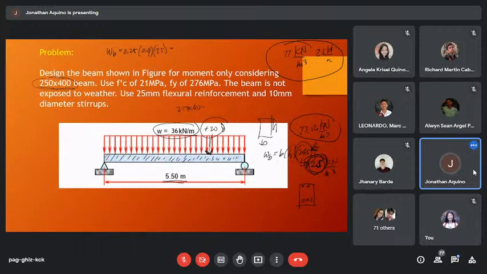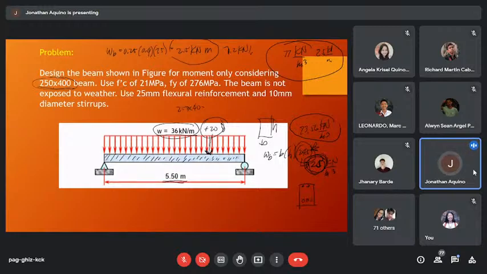This will give a value of 2.5 kilonewton per meter. Samantalang yung 20% na assumption natin will give 36 times 0.2, 7.2 kilonewton per meter. So to simplify, we use the value of actual weight of beam, 2.5 kilonewton per meter.